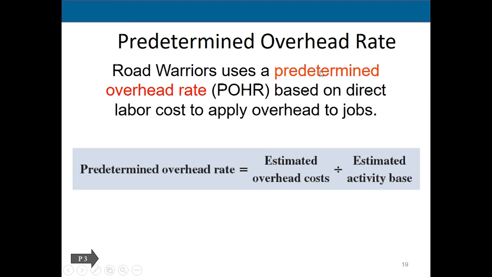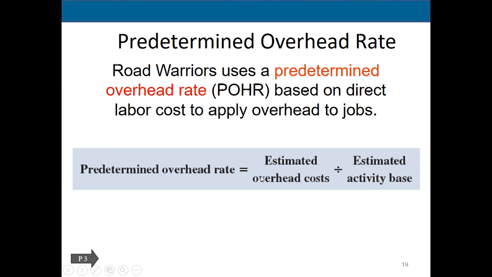Road Warriors bases this predetermined overhead rate and applies it based on direct labor cost. So how do they figure out the rate? Well, they sat down at the beginning of the accounting cycle and estimated what they thought their total overhead costs were going to be. All the rent, the supervisor salary, how much do we pay the janitor, how much is depreciation, all that kind of stuff.